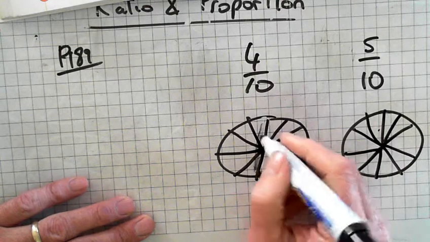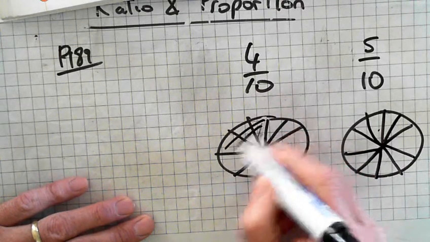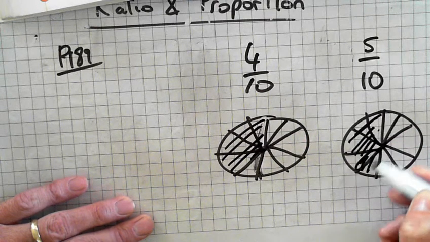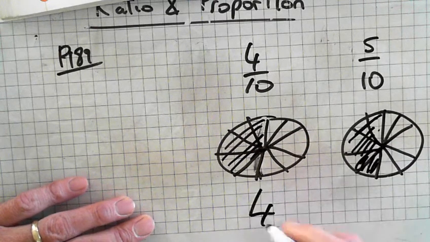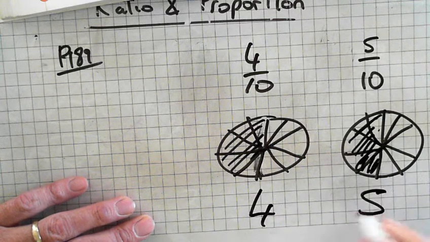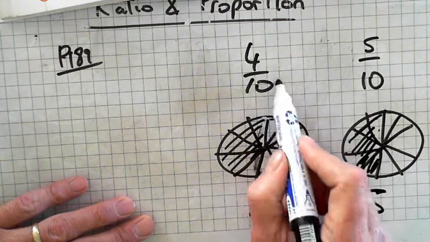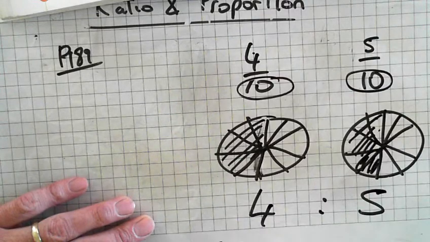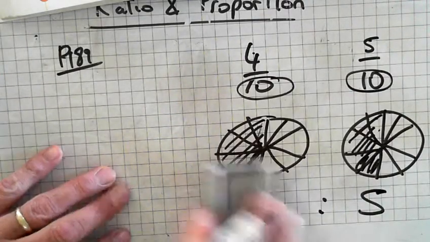Then we've got 4 of them, and over here we've got 5. So 4 shaded areas and 5 shaded areas. If the bottom number here is the same, I can just use the top numbers, 4 and 5. Is that easy enough? Yeah.